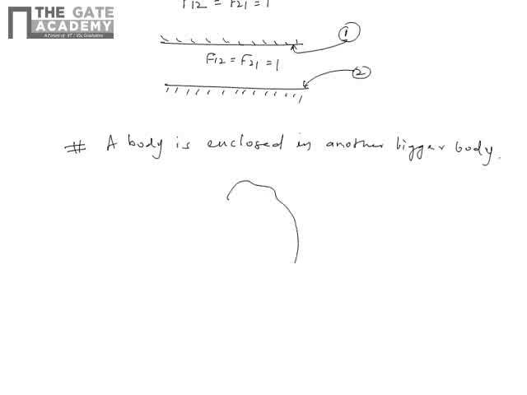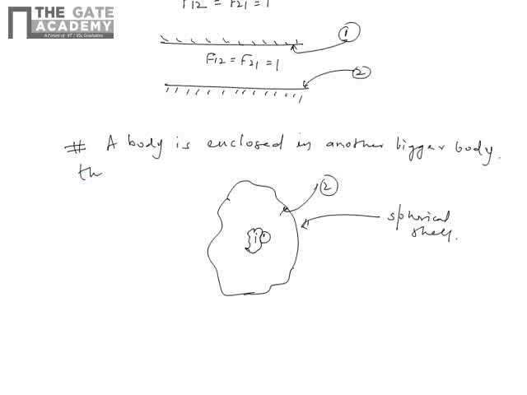Let us say this is a spherical shell, and a small body is kept inside. Let us say this surface is 1 and this surface is 2. Then view factor 1 to 2 is 1, but view factor 2 to 1 is not equal to 1.